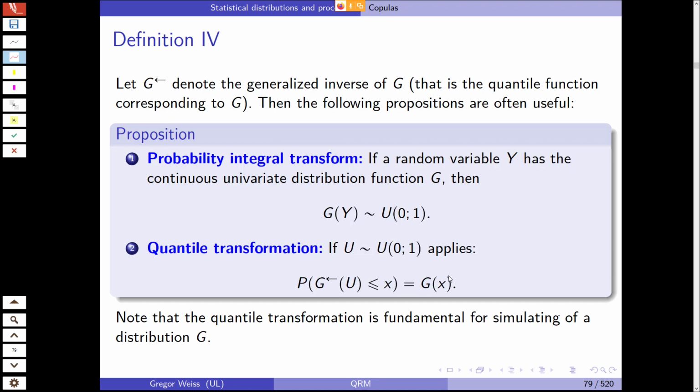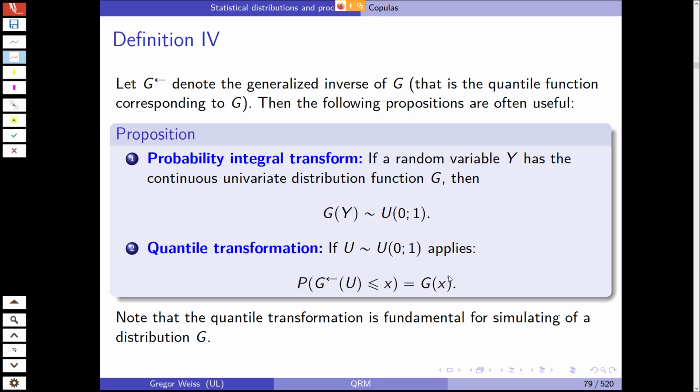Now, next we need the so-called generalized inverse of a distribution G. So G is a distribution, and we need to look at the inverse, that is the quantile function.